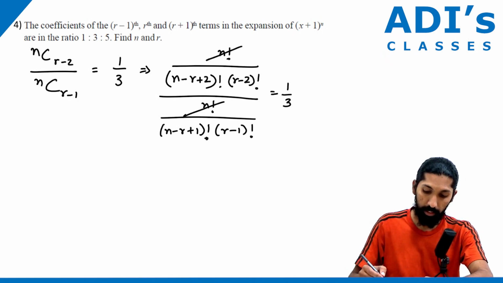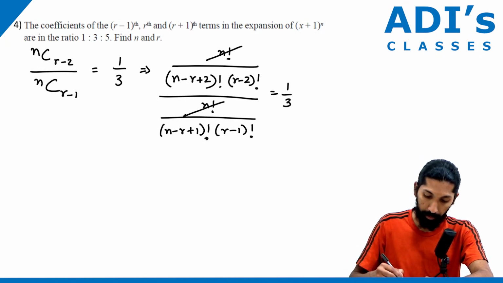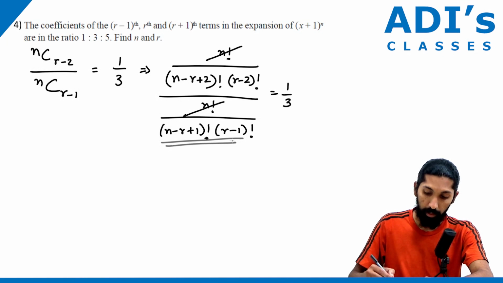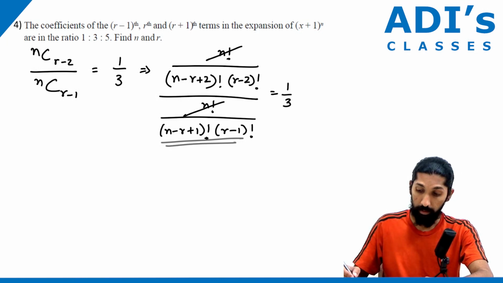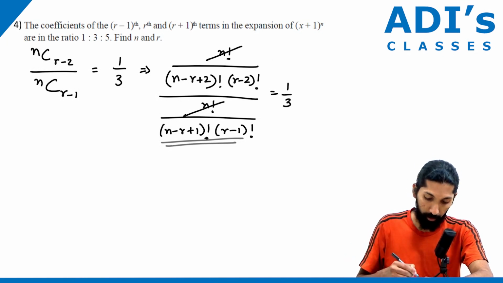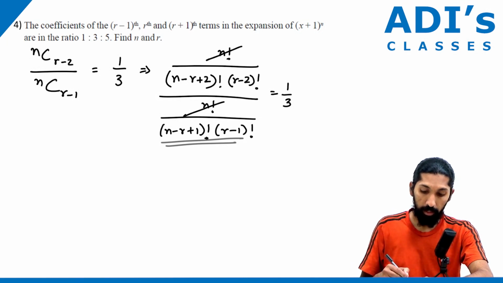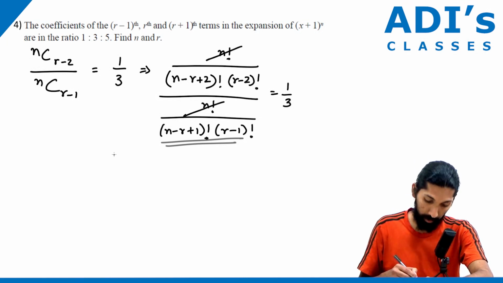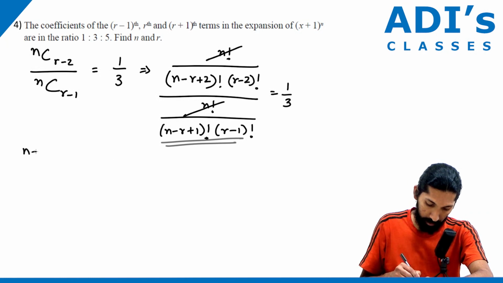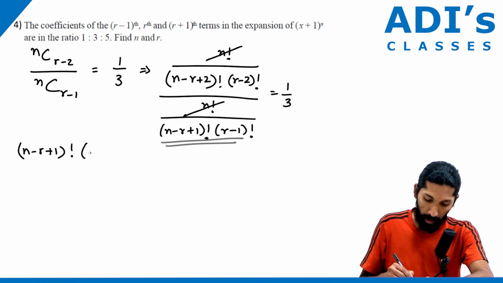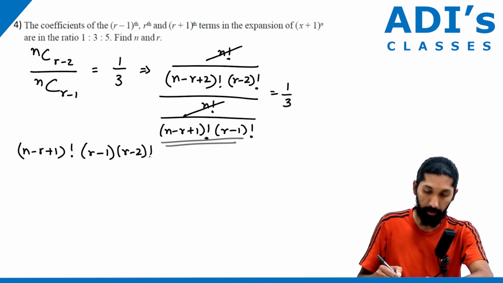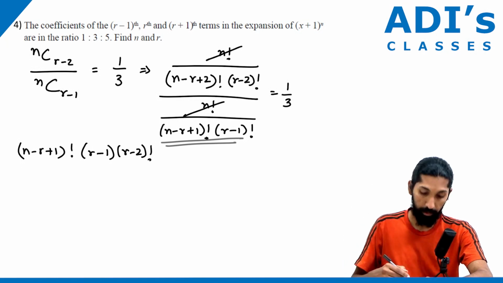n factorial gets cancelled, correct? Now, this denominator part will go to the numerator. In the sense, we are going to have (n minus r plus 1) factorial into (r minus 1) into (r minus 2) factorial. It keeps on reducing, correct?